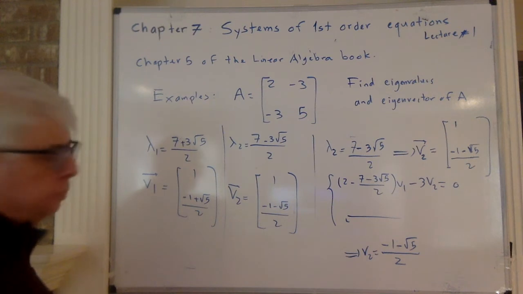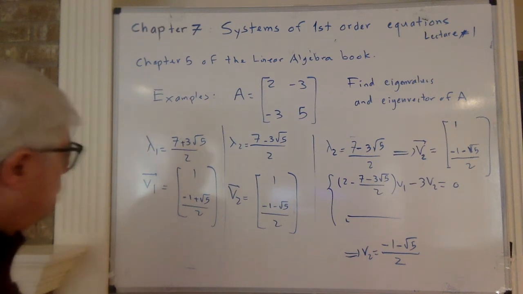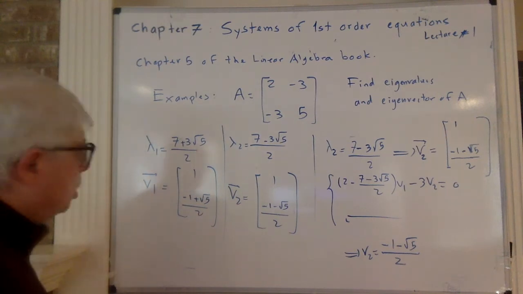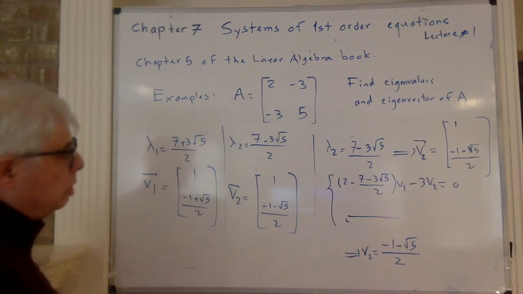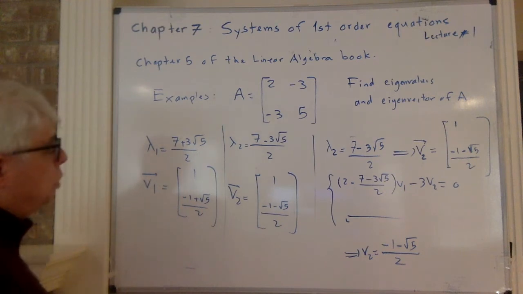Okay. So these are the two eigenvalues and eigenvectors. The lambdas are eigenvalues and v1 and v2 are eigenvectors.